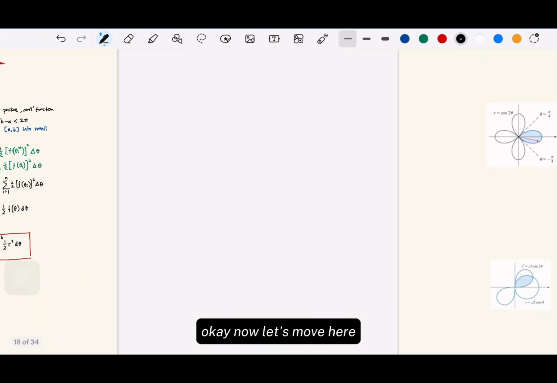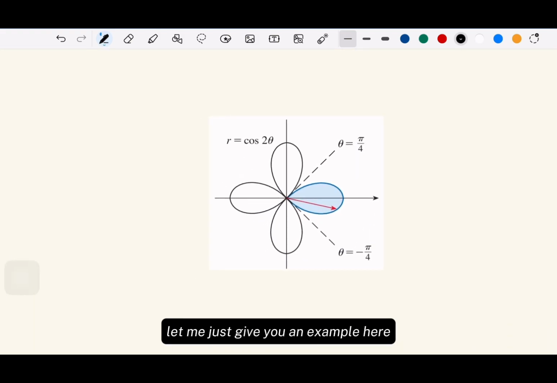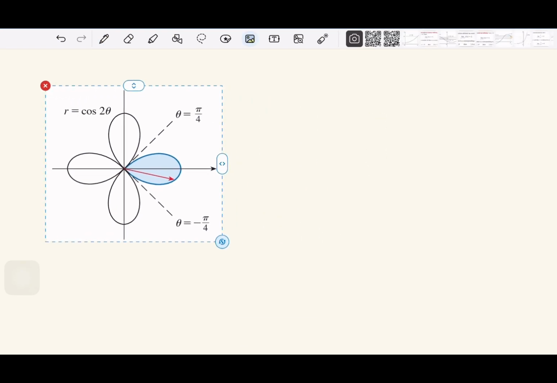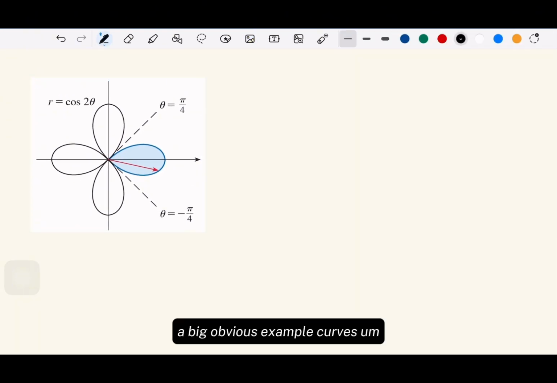Okay, now let me just give you an example here. Let's start with an obvious example. The rose curve r equals cosine 2 theta.